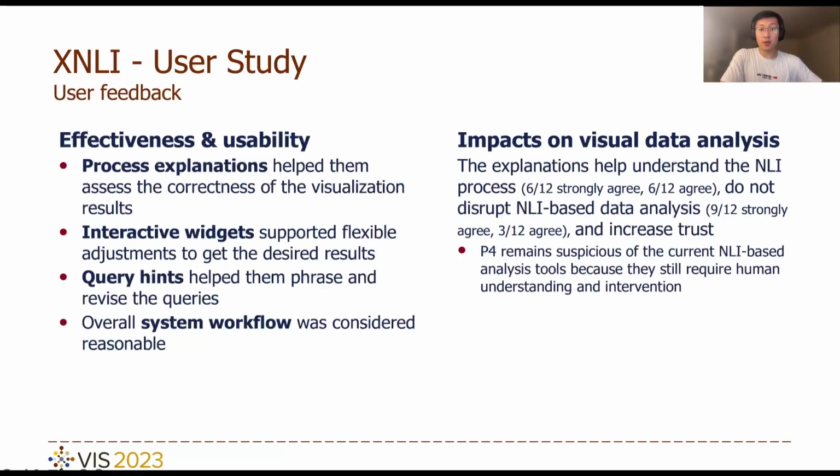On the impacts on the visual data analysis, the explanations helped users understand the NLI process and do not disrupt NLI-based data analysis, and increase their trust. However, there is an exception: P4 remains suspicious of the current NLI-based analysis tools because they still require human understanding and intervention.